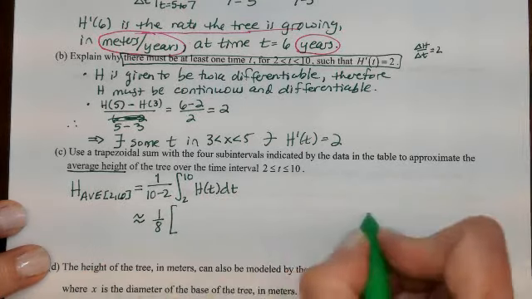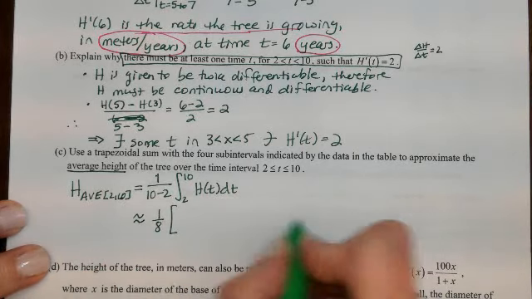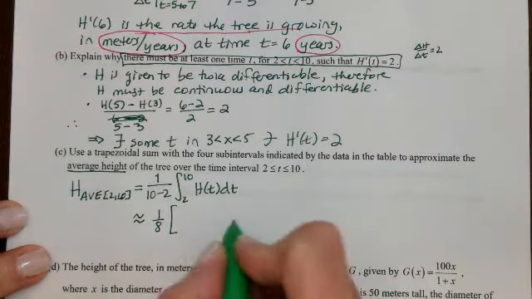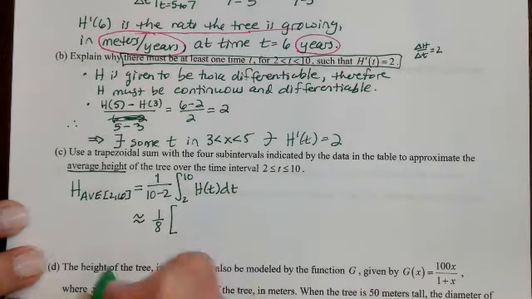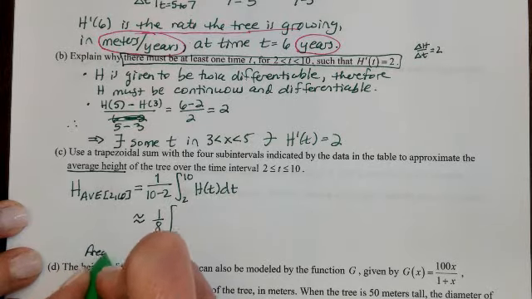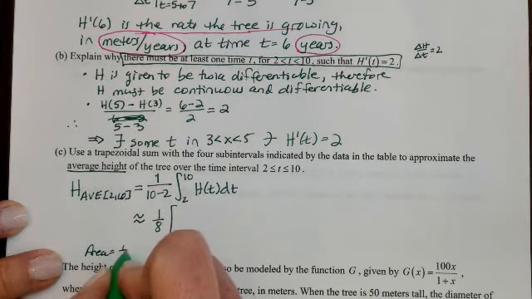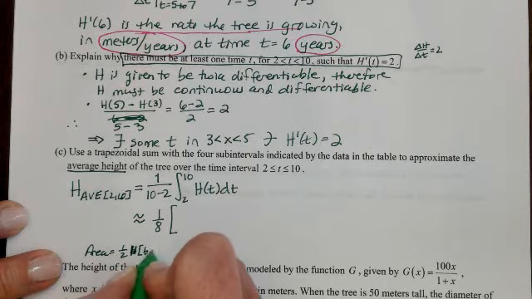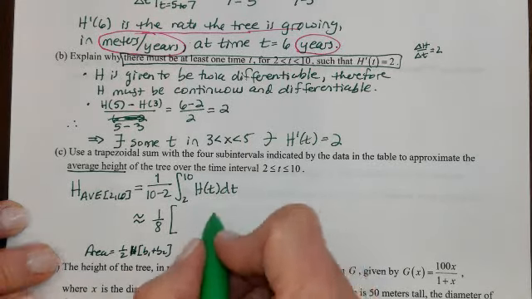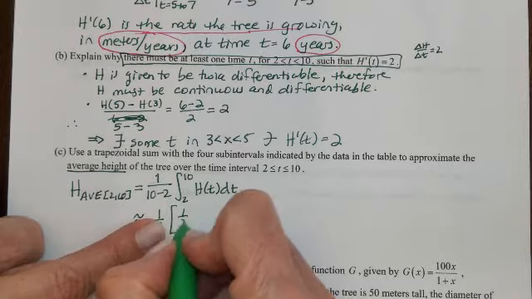And now here comes my trapezoidal sum. Remember the area of a trapezoid, don't write this down on your AP test, but the area of a trapezoid is 1/2 the height times the sum of the bases. So when we're doing it, we don't forget that 1/2.